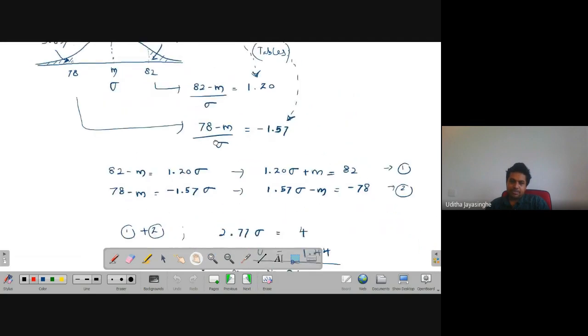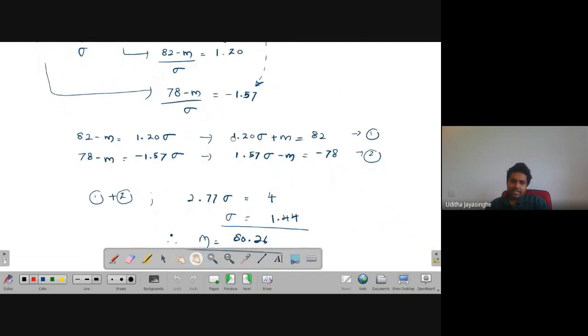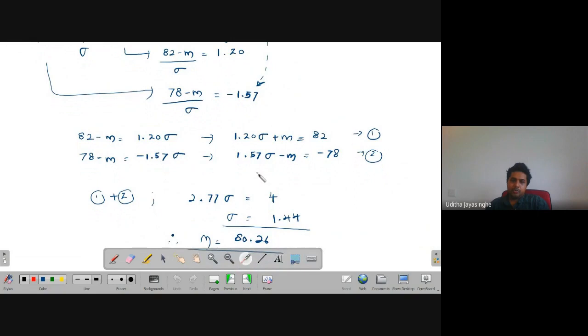Once I am here, students, I can find that there are two simultaneous equations that I can resolve. 82 minus M is going to be equal to 1.24 rho. 78 minus M is going to be equal to 1.57 rho.